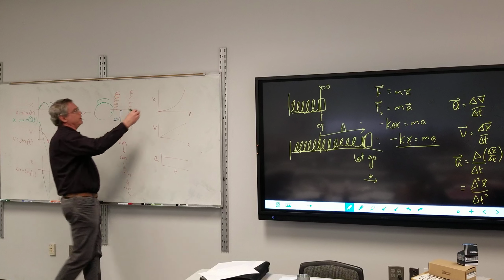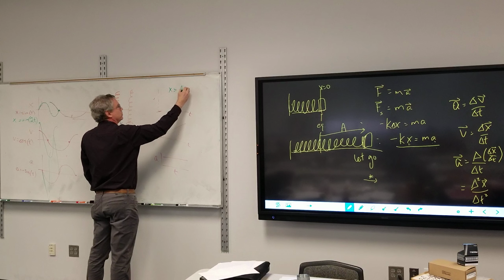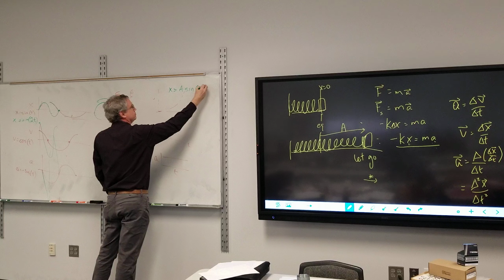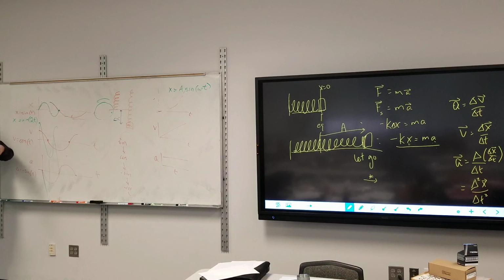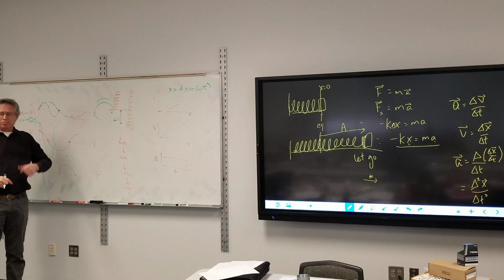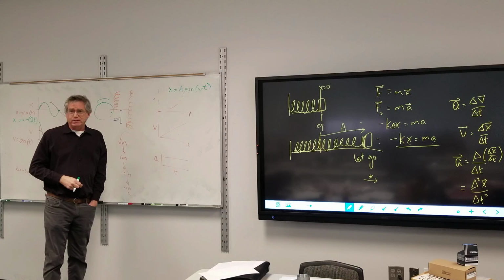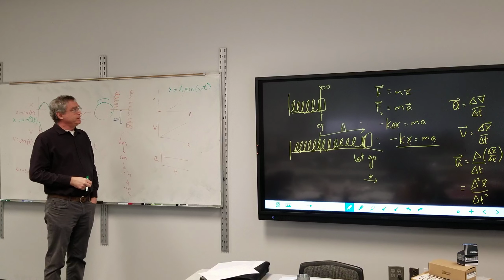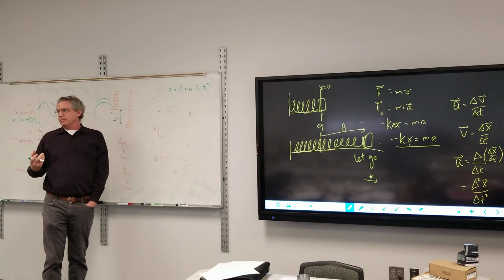And the general rule is, if x is equal to some amplitude times the sine of omega t, think of omega as the angular speed of the wheel. In this context, it's called the angular frequency, but it has the exact same units as angular speed and the exact same symbol. Angular frequency officially, but they look and taste the same.